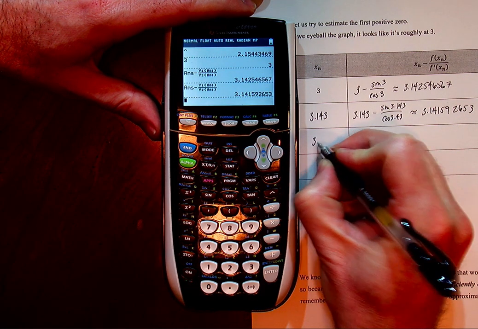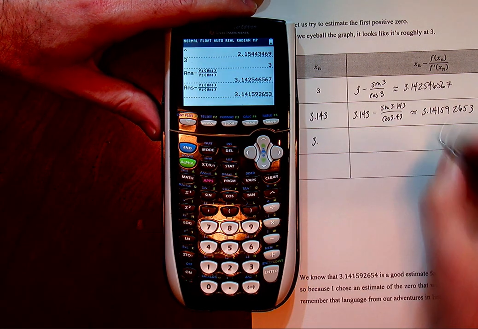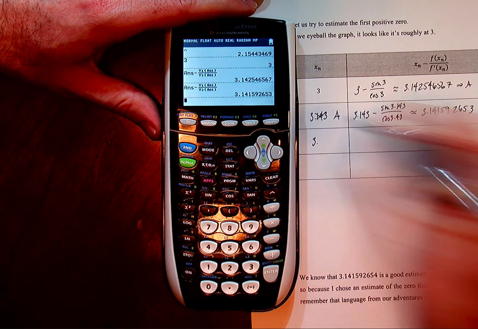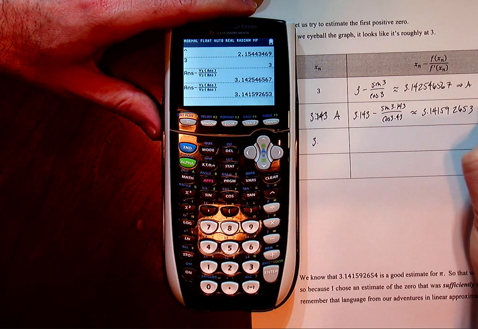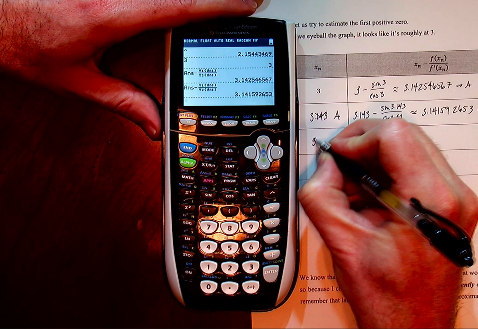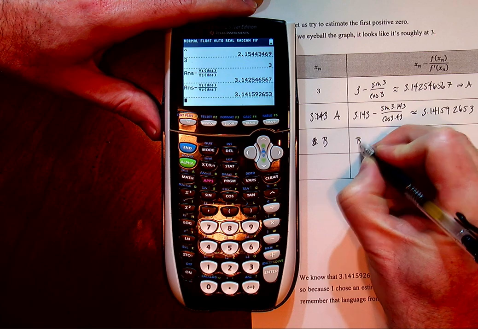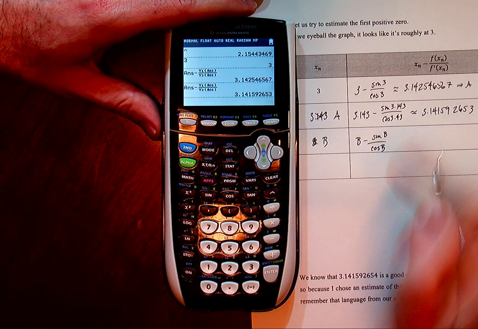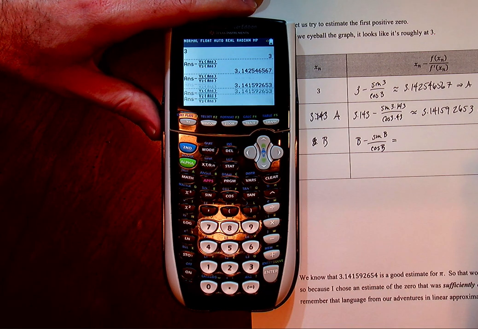You could have done it like that: store that into A, and then put A here instead. So let's store that into B, and then it's B minus sine of B over cosine of B, and that's going to give me my next approximation.